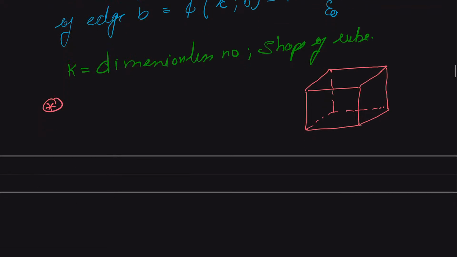We are given that one flux is at one of the vertices and the other one is at the center. For the center, let us call this location r0, and for the other one let us call it r1. We are going to consider r1 at the origin, and r0 is going to have coordinates of b by 2, b by 2 and b by 2.